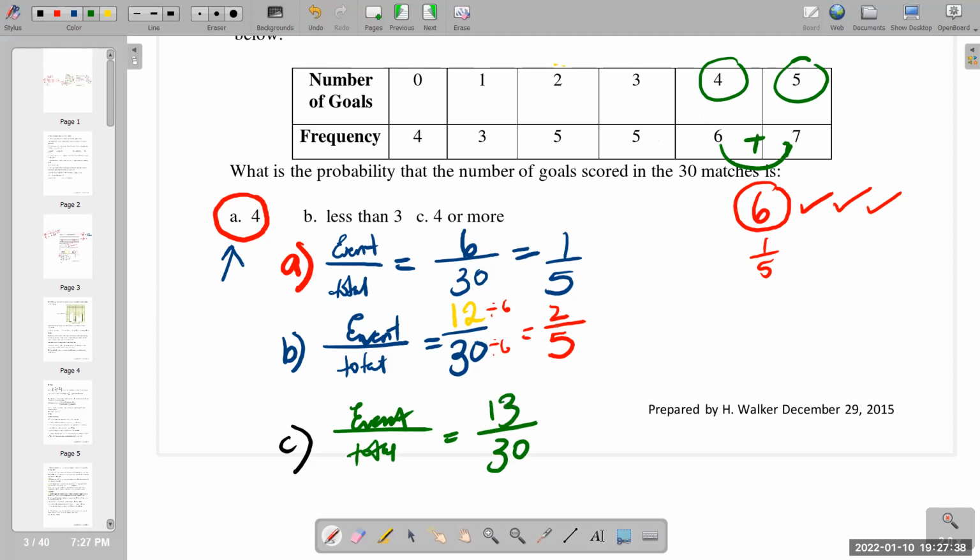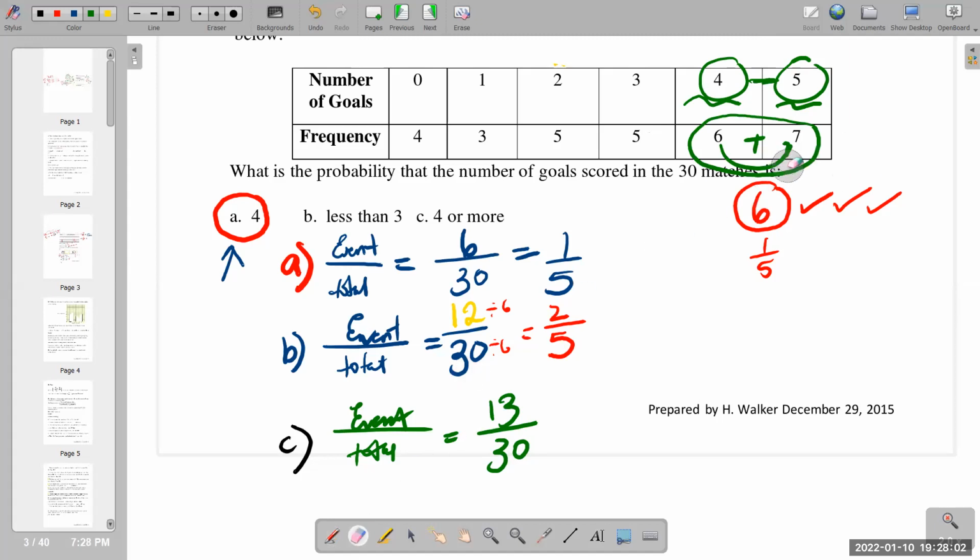Can I break this down? Who could tell me why this can't break down? And you realize I did not add the number of goals, because remember, this is just telling us it's 4 goals, 5 goals. We need to add the frequency. Anybody could tell me why this can't break down?